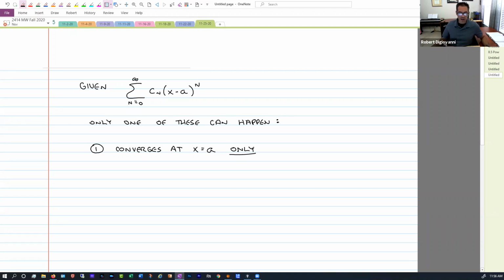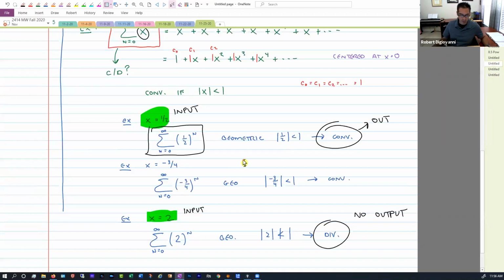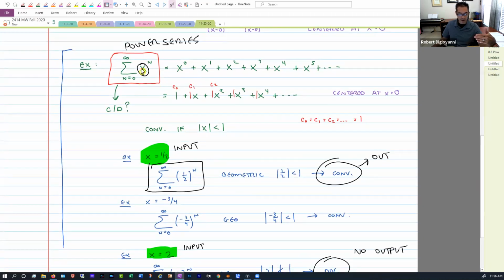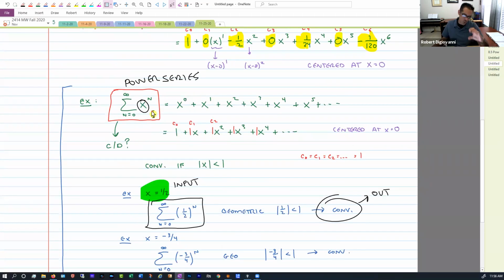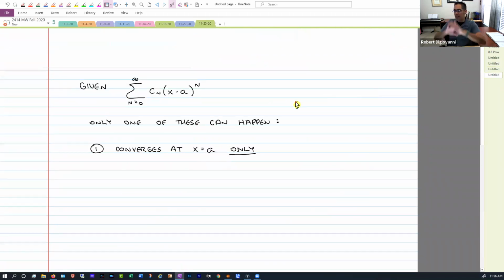What I was trying to get you to see is that we had a power series, and when we plugged in different values of x, we may or may not have had convergence. This was just one specific example. What this is telling us is that for any power series, there are only three possibilities. The first is that this power series will only converge at a single point, x equals a.